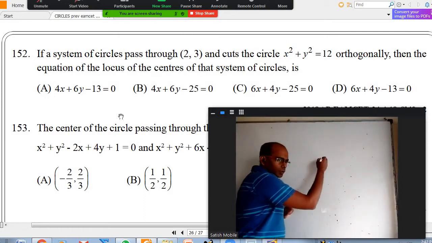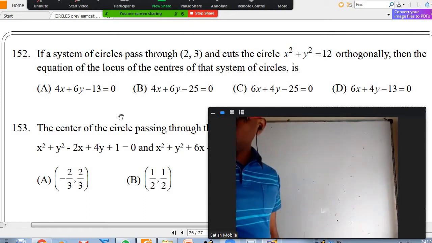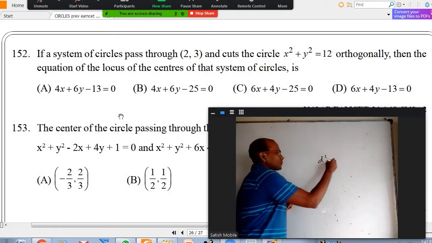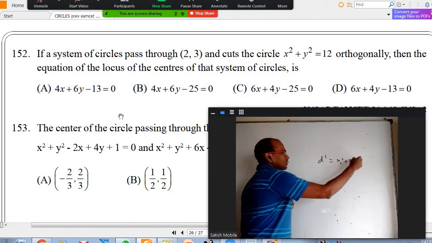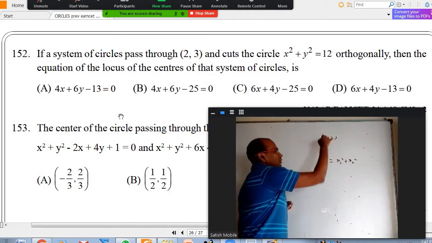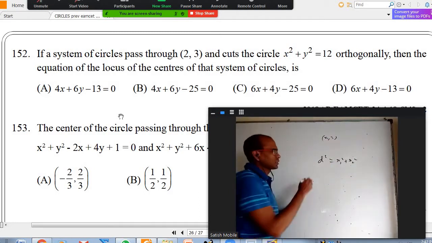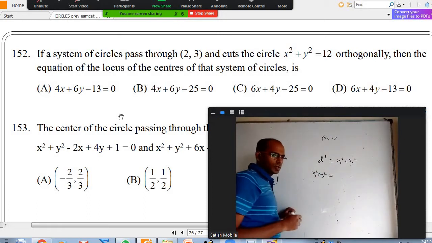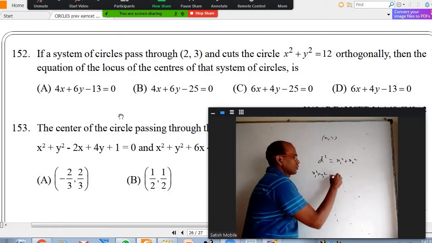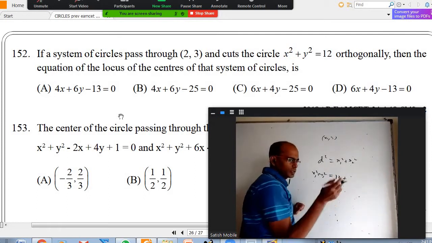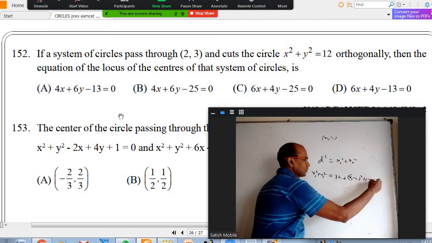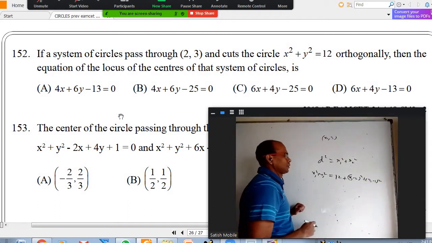Because, okay, I can use C1C2 square equal to R1 square plus R2 square. Let's say I want to use it. The required center, I'll take (x1, y1). The distance between the centers is x1 square plus y1 square. R1 square is the radius of one circle. R2 square is the distance to (2, 3), which is (x1 minus 2) whole square plus (y1 minus 3) whole square.